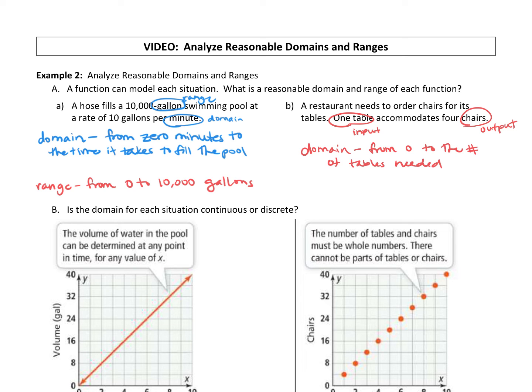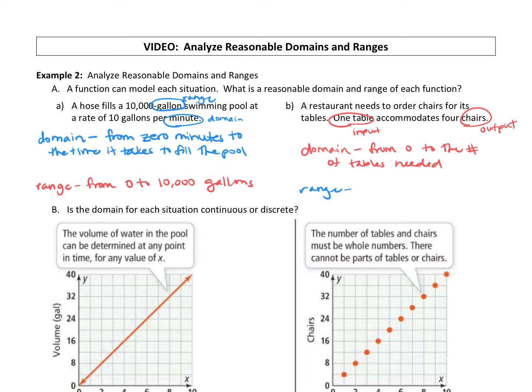All right, a reasonable range. Remember, we just said range is our number of chairs. So for every table that we have, we're going to order 4 chairs. So a reasonable range will be multiples of 4. Starting from, if there's 0 tables, we have to order 0 chairs.